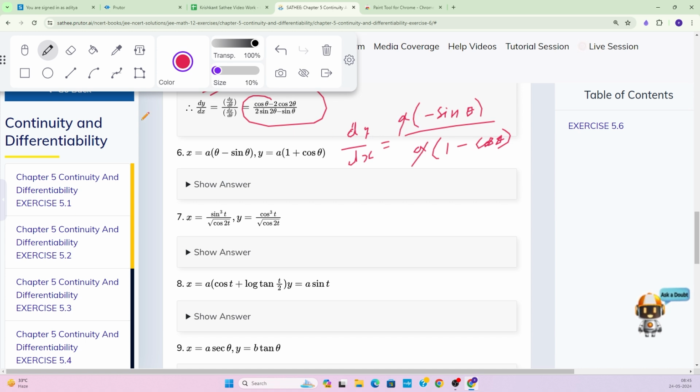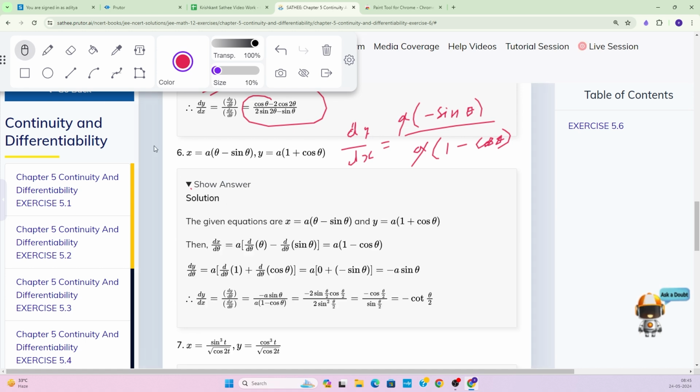So how are we going to reduce it? Let's see. We just broke sin theta into 2 sin theta by 2 cos theta by 2 in this form, and 1 minus cos theta is equal to 2 sin square theta by 2. From here you can cancel the extra power from the denominator, and the 2 will also be cancelled.